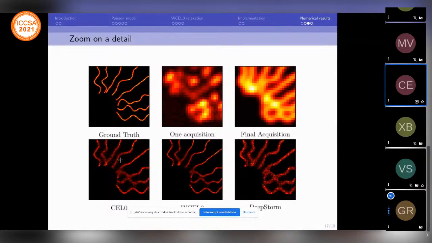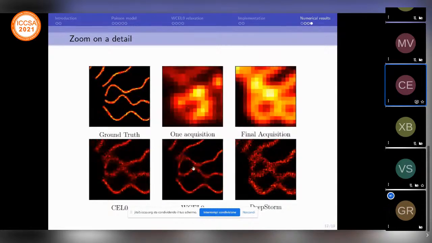The Gaussian model CEL0, the Poisson proposed model and Deep-STORM, and the localization is a bit better with W CEL0. This is the last zoom. You can see here in the middle that the two different structures of the proteins can be resolved better than with the other two models. Thank you, and sorry for all the technical problems.